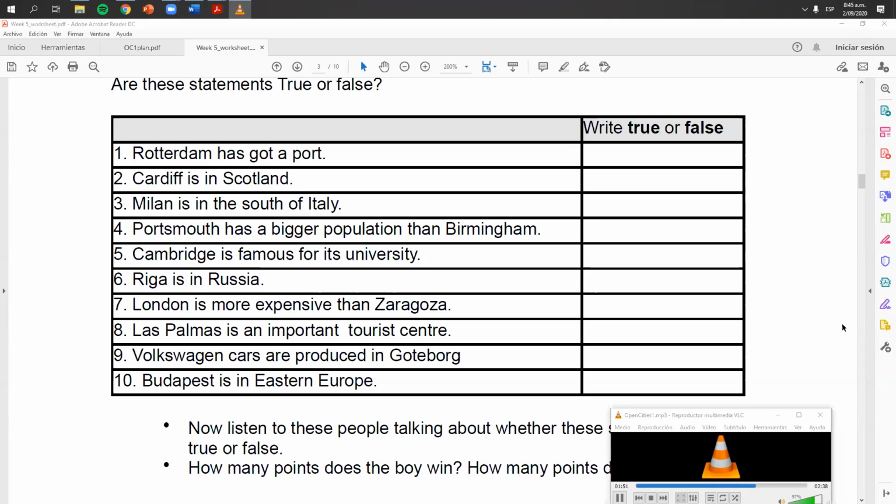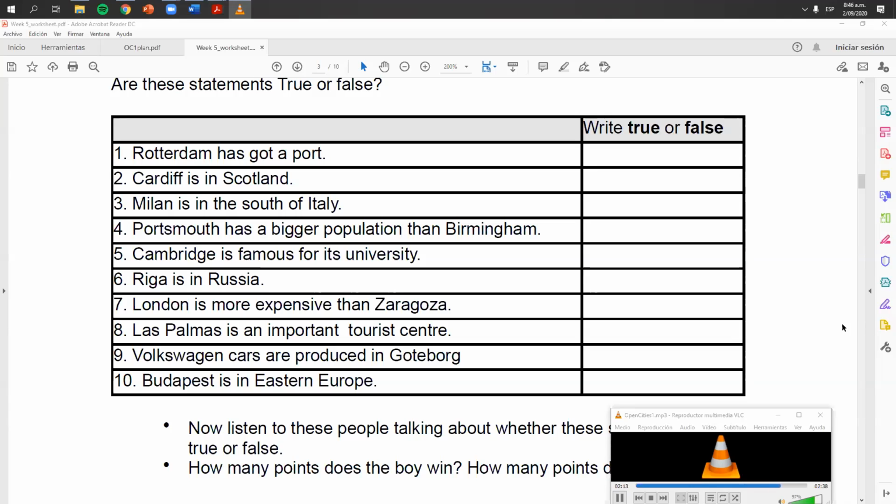Okay. And is Las Palmas a tourist resort? Yes. Yes. Easy. But this is more difficult. Do they make Volkswagen cars in Gothenburg? I don't know, but I'll say no. I don't know either, but I'll say yes.